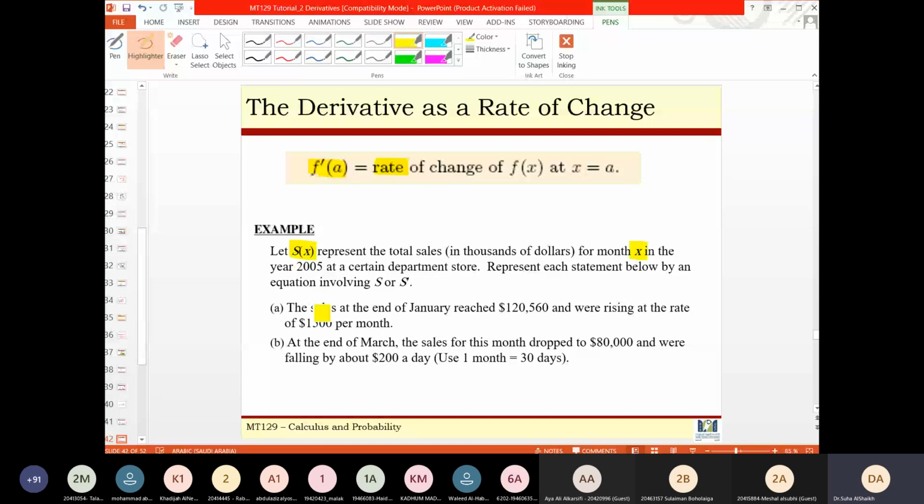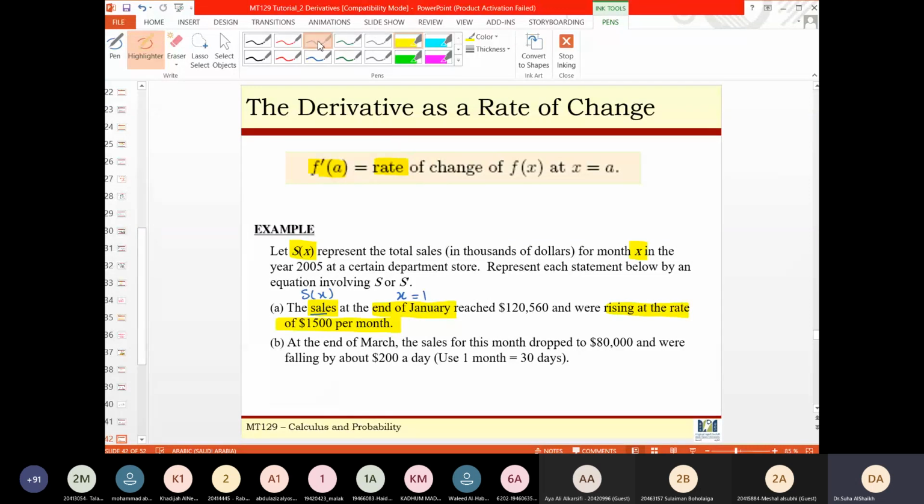First, I want the sales at the end of January. January means month 1, right? I'm talking about X1. I want the function S of X. Write an expression to show that the sales at the end of January, month 1, reached $120,560, and it was rising at a rate of 1,500 per month.